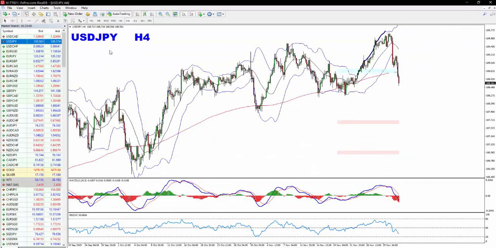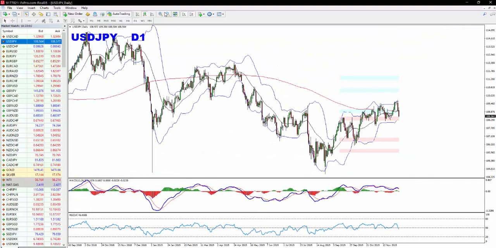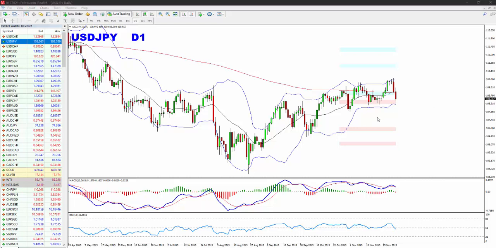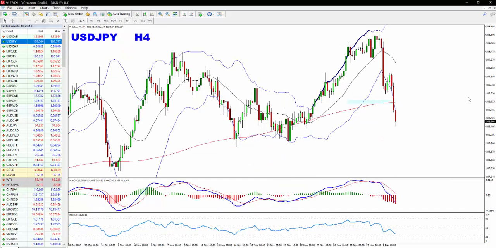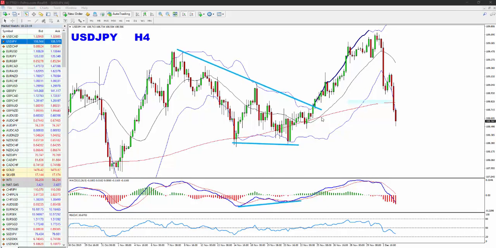The general analysis that we had, now it looks like crashing, but the previous week, the general analysis was a bullish hidden divergence from the daily time frame and the 4-hour chart bullish divergence as well. Moreover, this trend line was breaking and the dollar yen started to gain higher highs, higher lows to the play again.